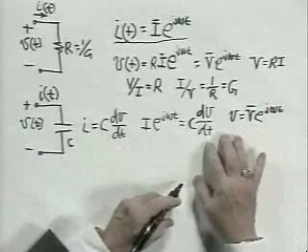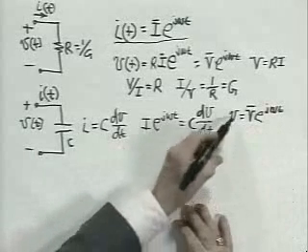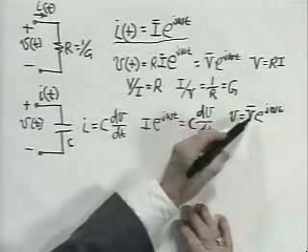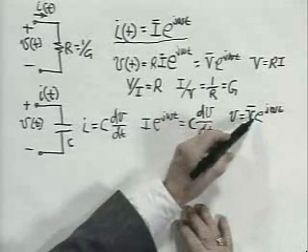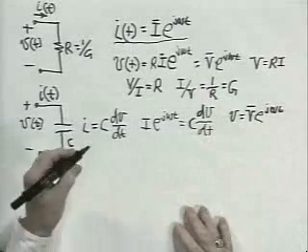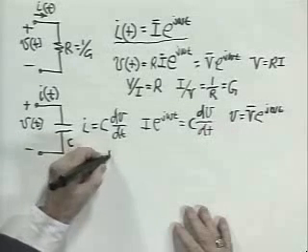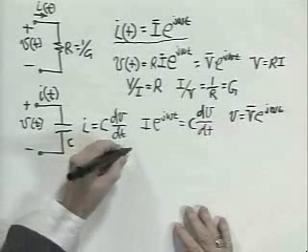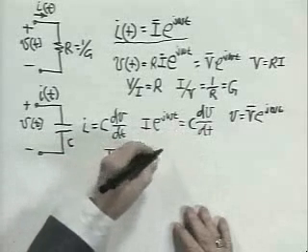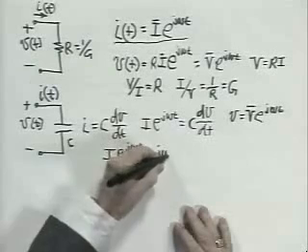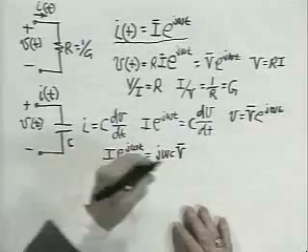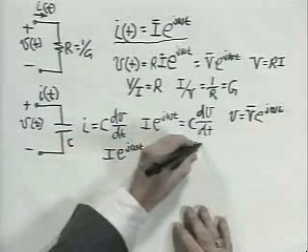If I make that substitution, you see that taking the derivative dV/dt, it's V bar, the complex amplitude, times j omega e to the j omega t. In other words, this equation reduces to I e to the j omega t equals j omega C V, complex number, e to the j omega t.